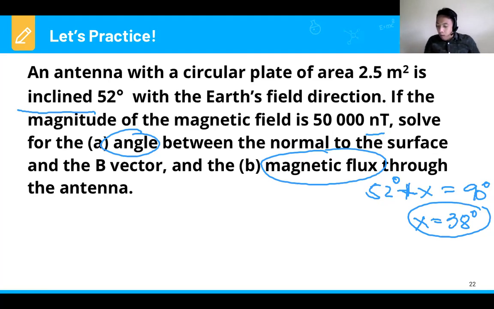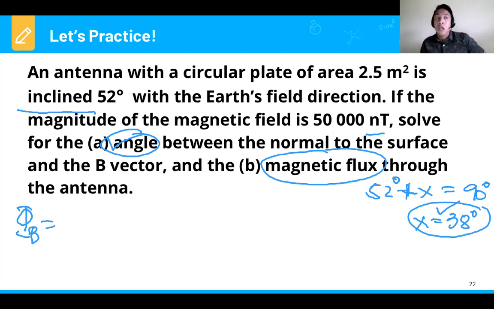Okay? So in our final equation, we have the magnetic flux. So ito yung A. Yung A is okay na. Nakuha na natin yung A. Okay, so magnetic flux is equivalent to the magnetic field, which is 50,000 nanotesla. So paano yun? 50,000 nanotesla.